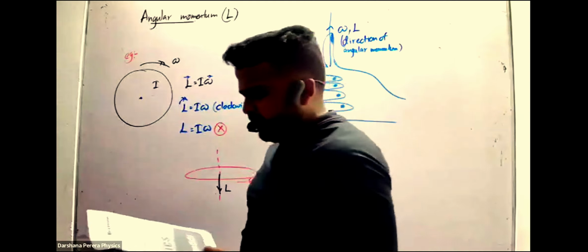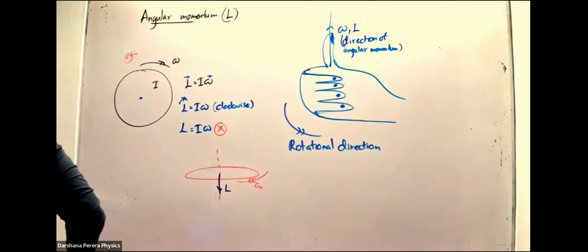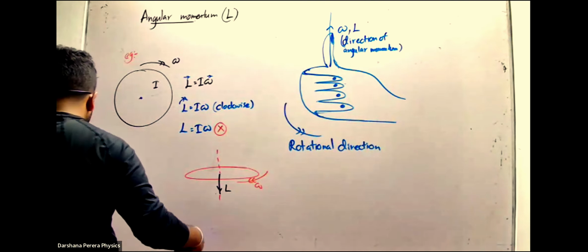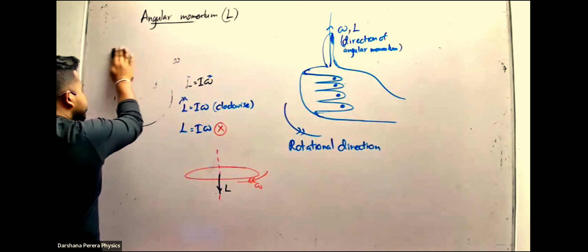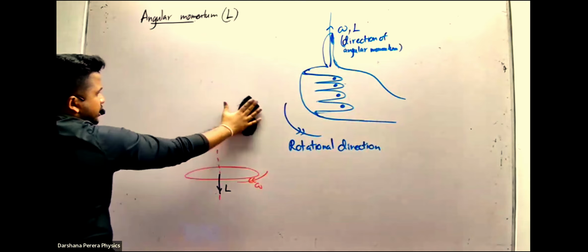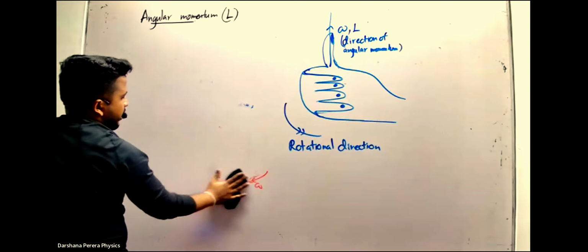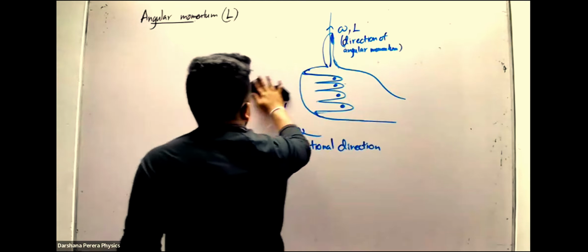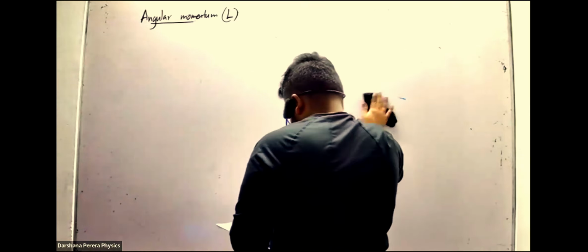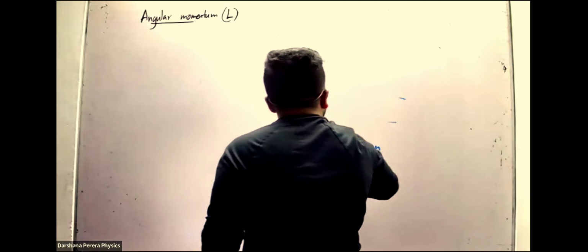We have a mass of 5 kilogram and radius of gyration k equals 0.2 meter.